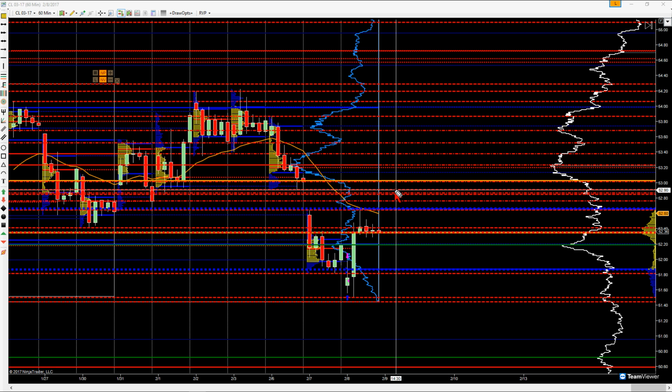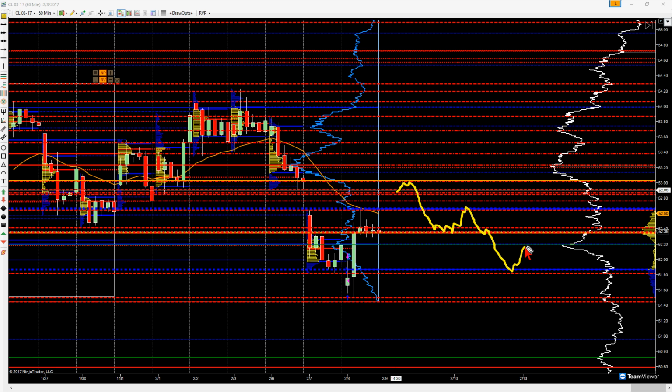Second hypo is going to be an open test of overnight high, fail at overnight high, make our way down towards overnight low, start chopping around here, yesterday's VPOC, which also coincides with overnight low, maybe a bounce away from it, and then ultimately a break down below it into the balance of this high volume node here.